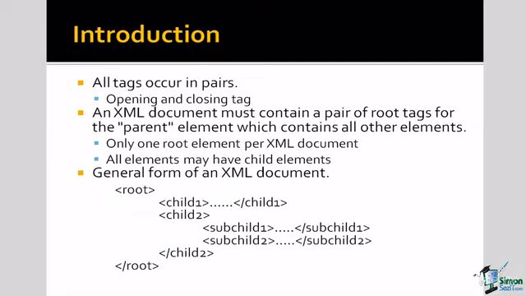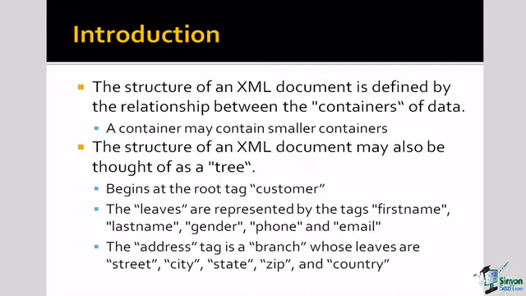And the subchild tag can have children tags as well. In XML, we think of a tag as a container of data. And the largest container in the XML document is the root tag, which contains all of the other elements or containers within the XML document. So a container, a tag, may contain other tags or containers.